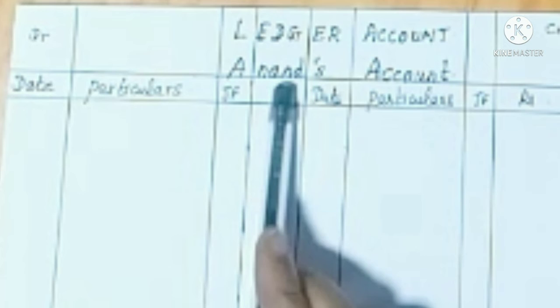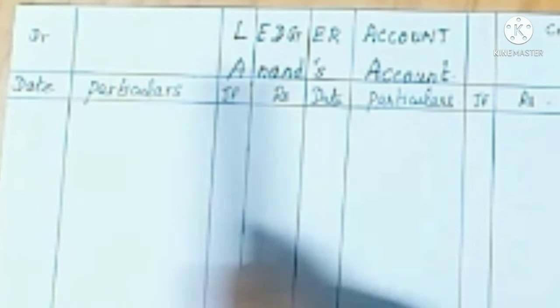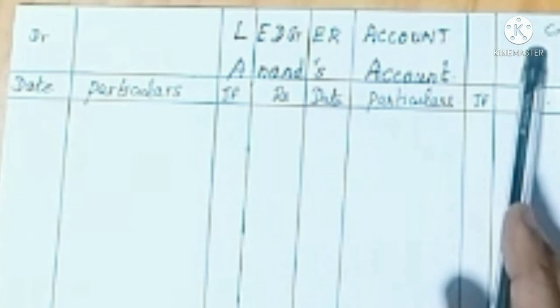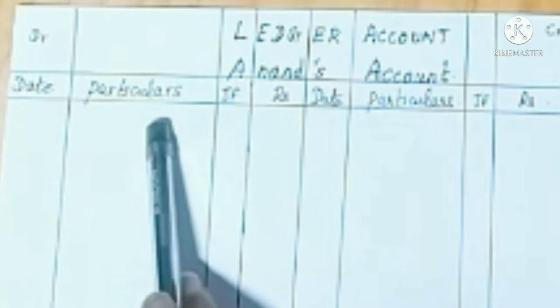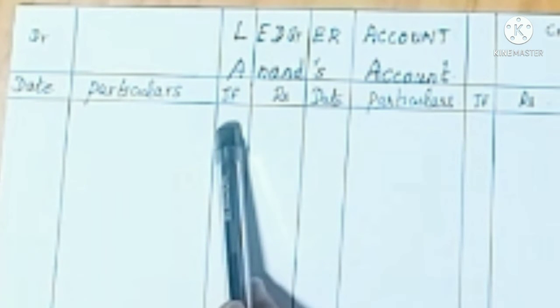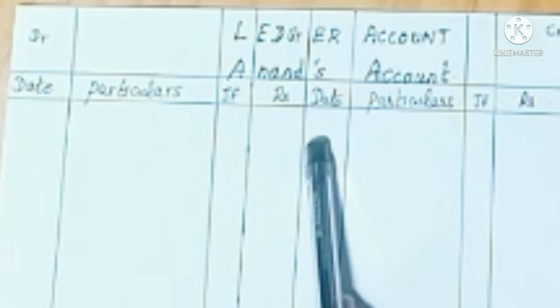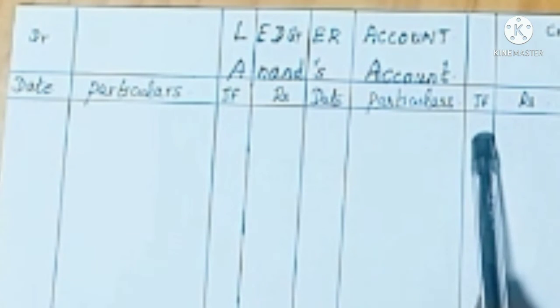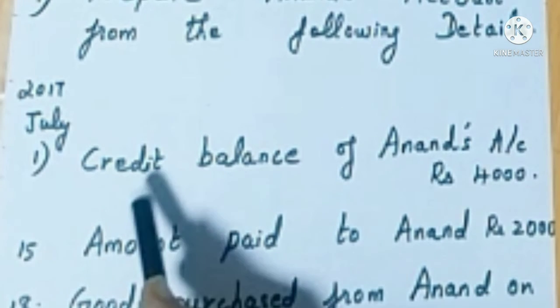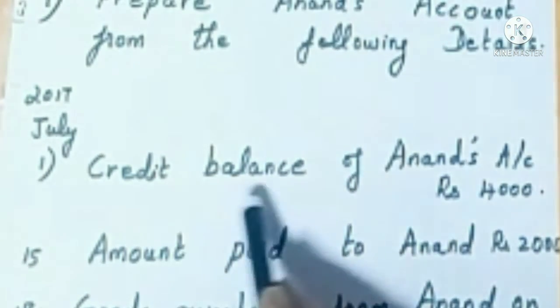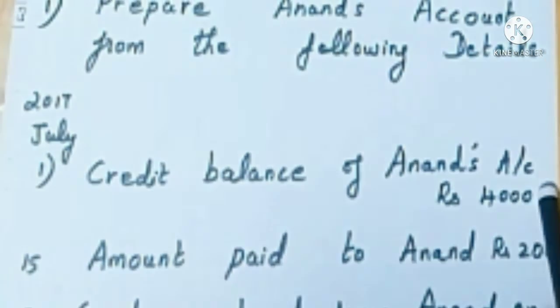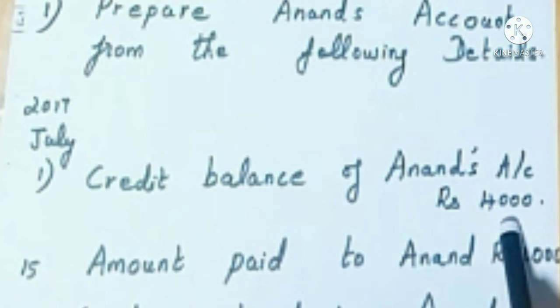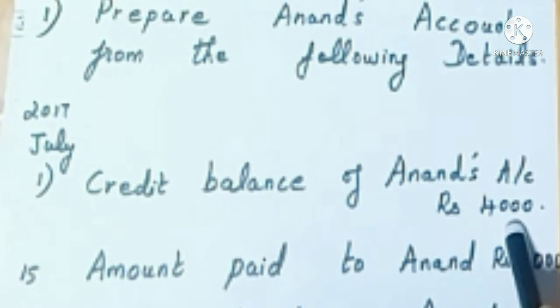This is how we have to prepare ledger accounts. First, write the heading as ledger account, Anand's account, debit, credit, date, particulars, JF, rupees, date, particulars, JF, rupees. So the first one is credit balance of Anand's account, rupees 4,000. So what should we do now?